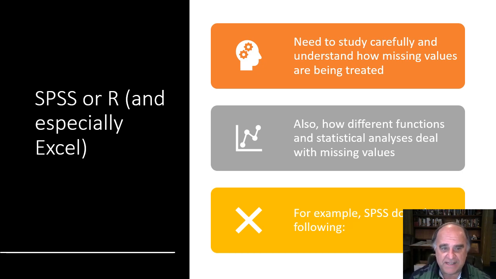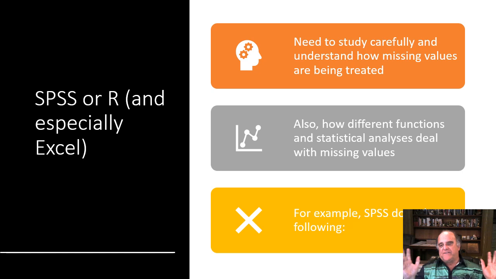In SPSS or R, and especially Excel, one of the things you have to do is be very careful that you study carefully and understand how missing values are being treated. I see a lot of people online posting that they have problems with this in R. I know people have problems with SPSS, and it's a huge problem in Excel. So you always need to know how the software you're dealing with treats missing values.